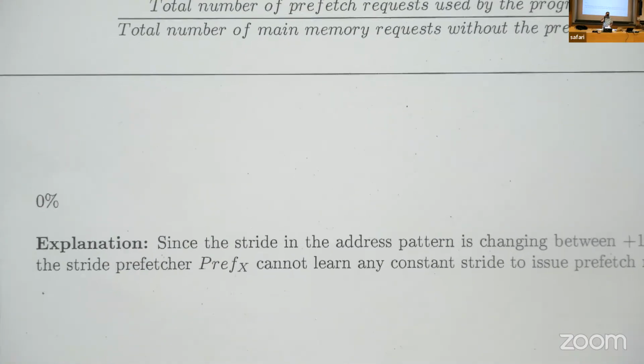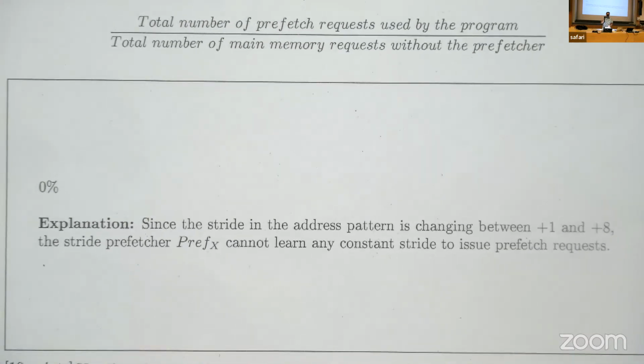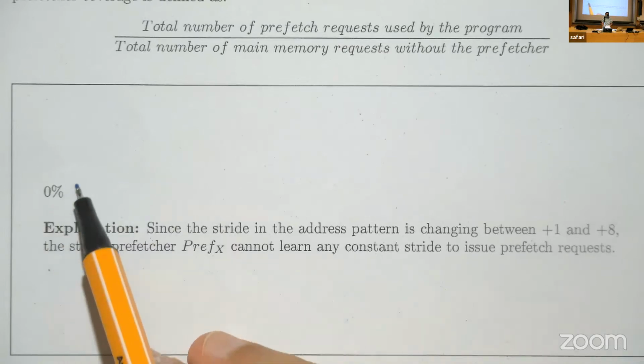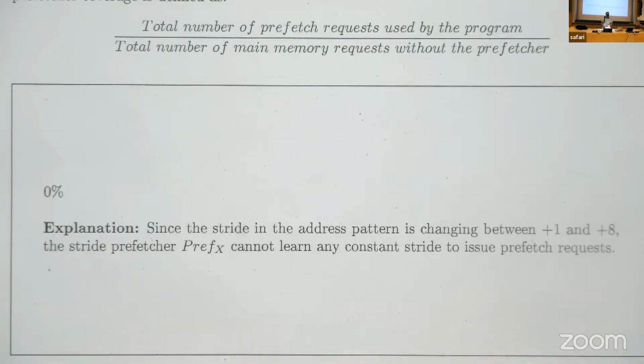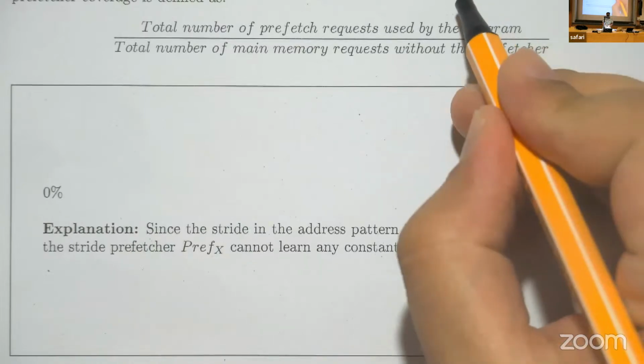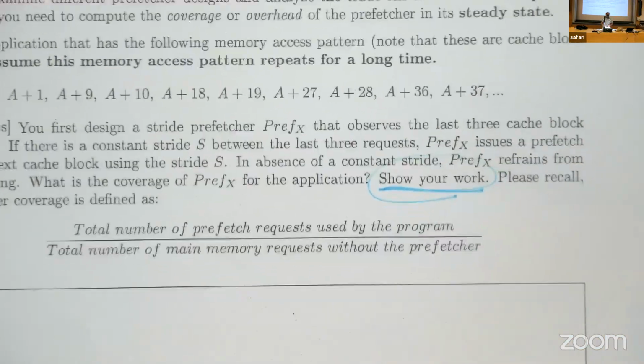As you can see here, we don't just put 0%, we also provide an explanation. If you just put 0% for this kind of question in the exam, it's very likely that you will not get any points, even if the answer is correct. So please, as it's stated in the question, show your work.